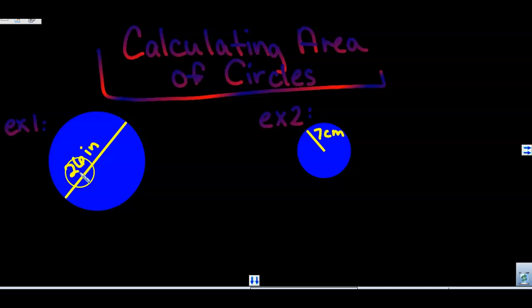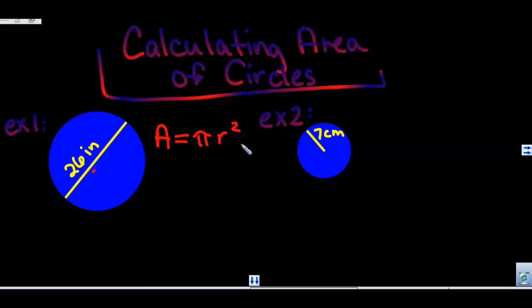In this example, we see that they have given us this diameter measurement of 26 inches. Let's find the area of this circle. Again, in order to calculate area, let's start with the formula. Area equals pi r squared.